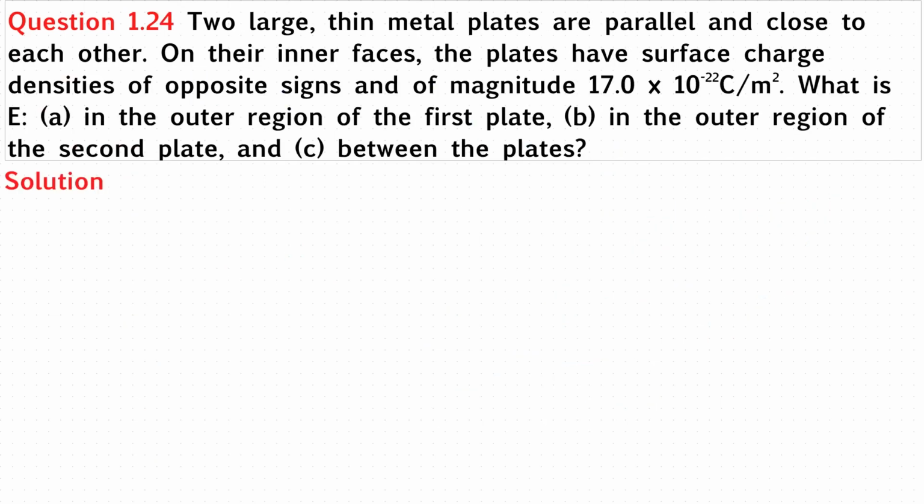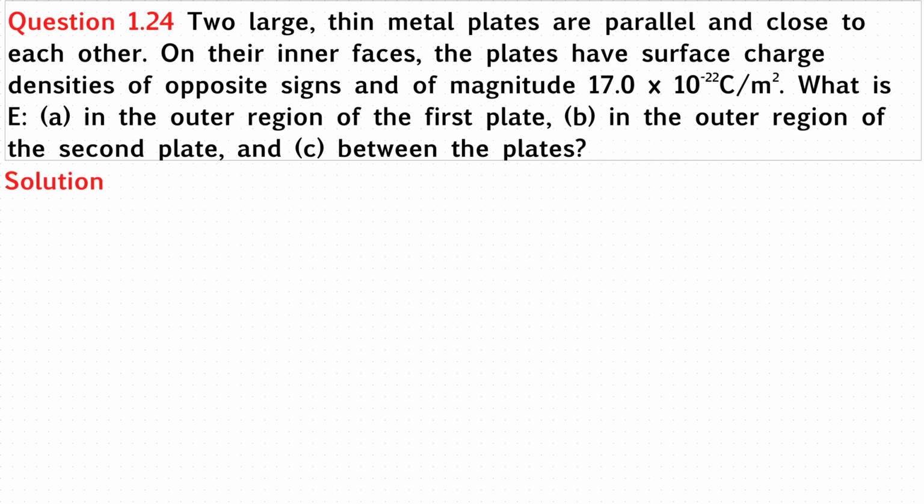Let's see question 1.24. Two large thin plates are parallel and close to each other. On their inner faces, the plates have surface charge density of opposite signs, and the magnitude is 17 into 10 raised to minus 22 coulomb per meter square.